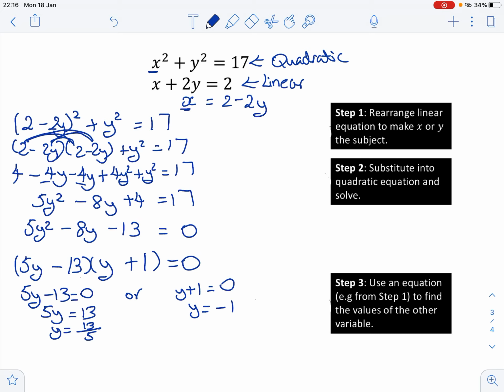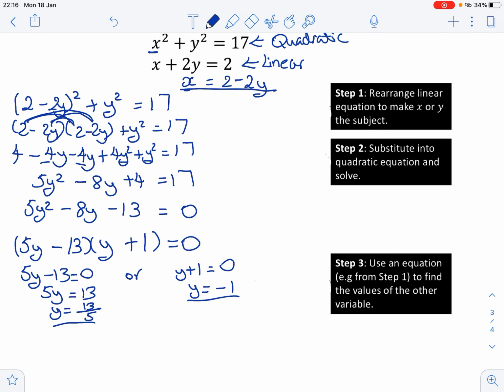And your last step, substitute the values we found for y into the equation here. I know my x equals 2 minus 2y. Therefore, my x equals 2 minus 2 times 13 over 5. So my x equals minus 16 over 5.